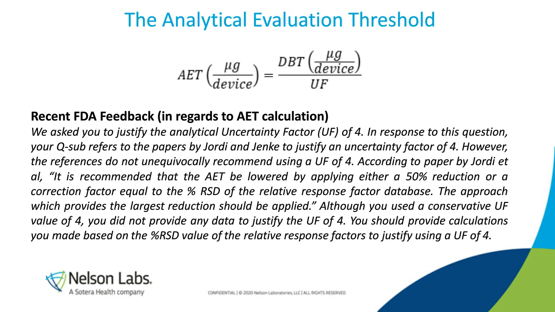So not only are they expecting it, but now they're getting into the really nitty-gritty about how we are using this uncertainty factor and what data really supports that. And even though a lot of folks have used an uncertainty factor of 4 based off of information in the literature, I'm seeing them want more lab-specific data to support this.